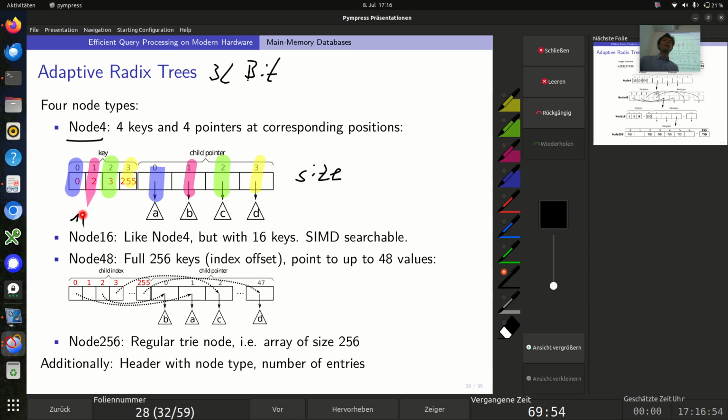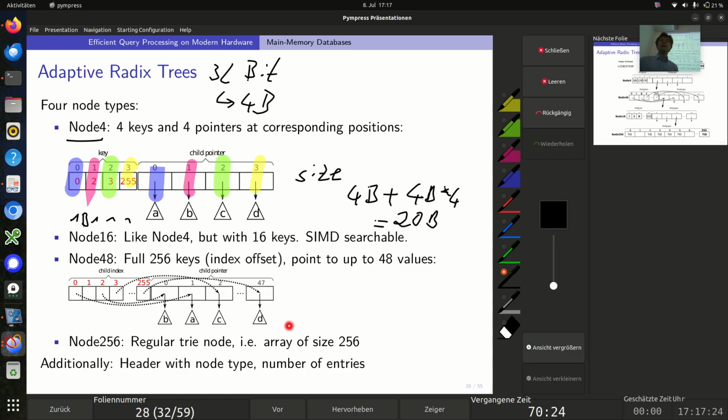Every key is 1 byte. 1, 2, 3, so we have 4 bytes. And here we have pointers. If we have a 32-bit architecture, each pointer is 4 bytes big, and we have 4 pointers, so we have 16, we have 20 bytes.